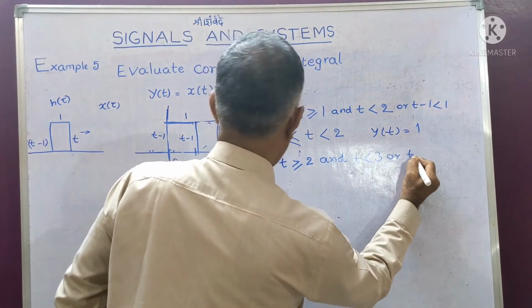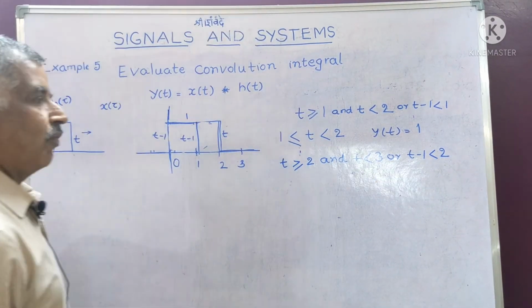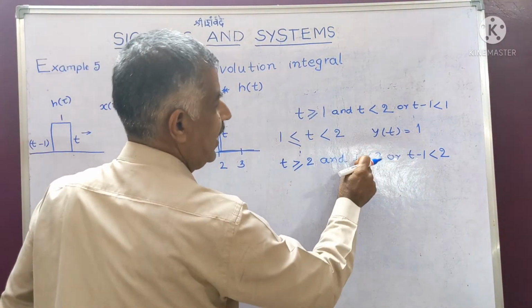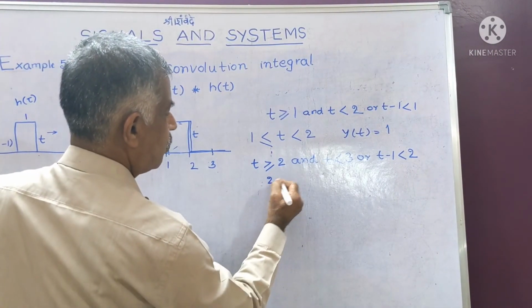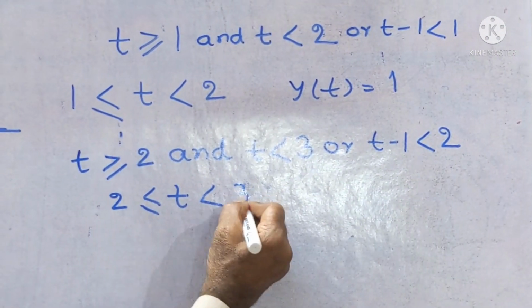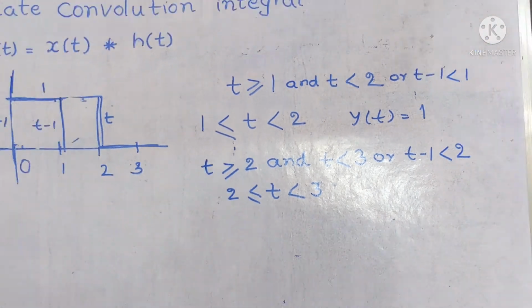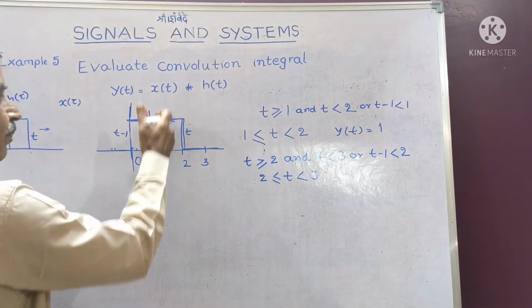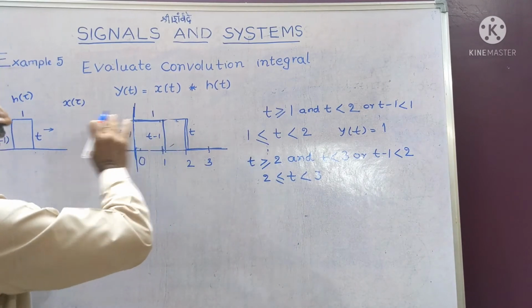You should get one and the same. t less than 3. So combining these two, 2 less than or equal to t less than 3. Between 2 and 3, only this edge is creeping and sweeping.